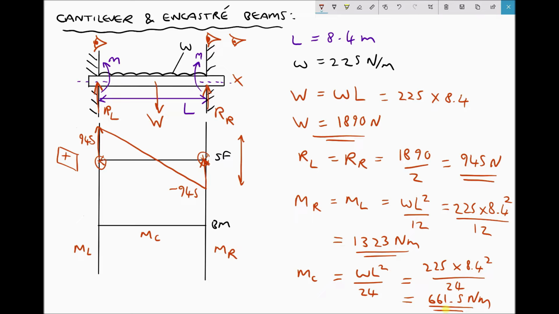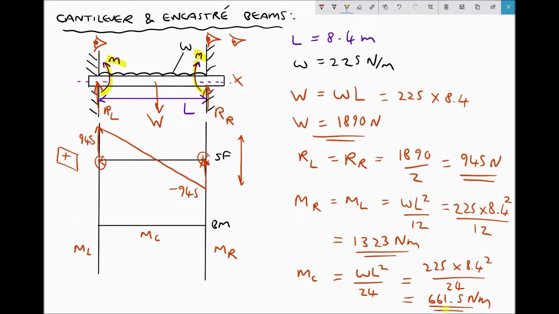Okay, so if we refer to our diagram, and we refer to M at the left-hand support, and M at the right-hand support, here and here, we know that they have the same magnitude. But if we consider those in isolation, ML is trying to bend the beam this way, and MR is trying to bend the beam this way.